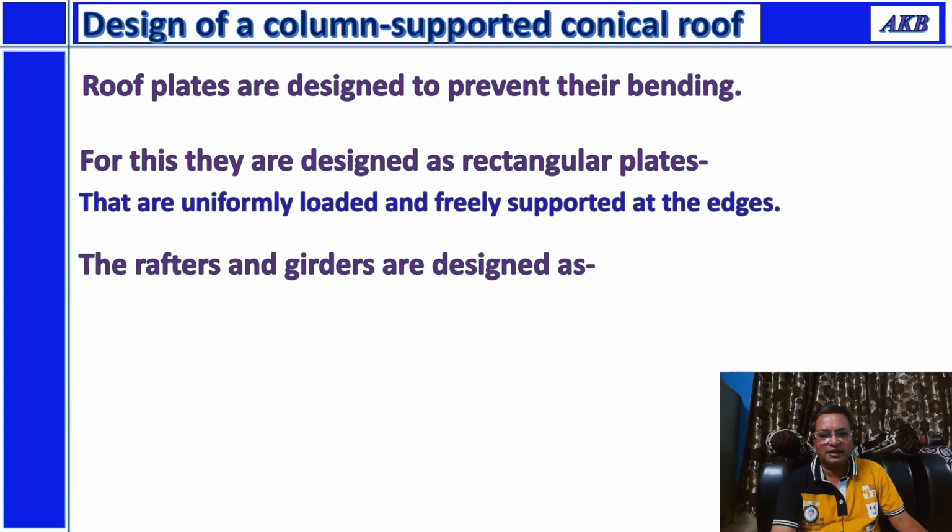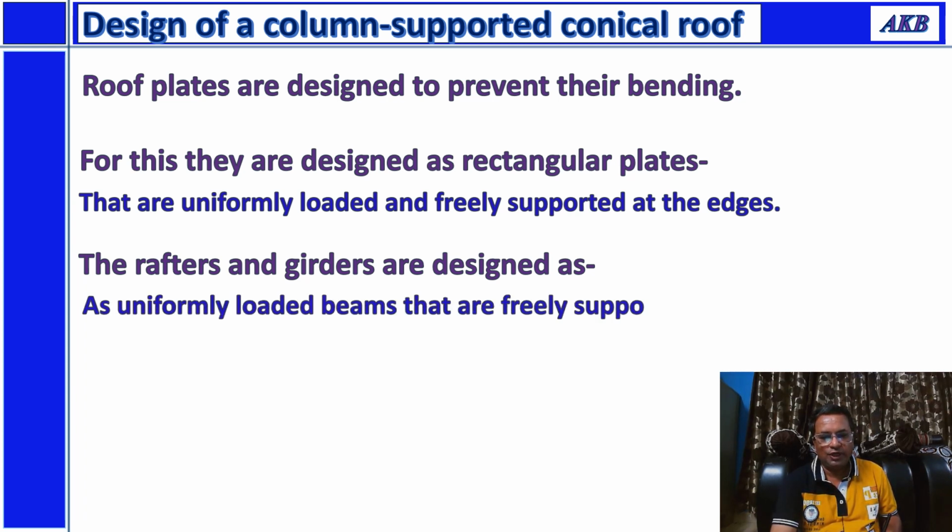Okay, the rafters and girders, which are again important elements in the case of column supported conical roofs, are designed as uniformly loaded beams that are freely supported at the edges.